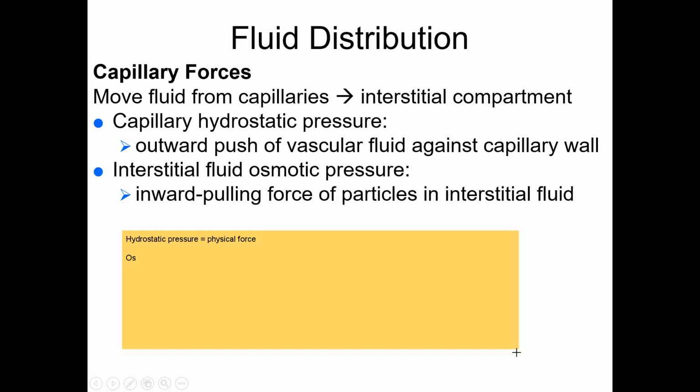The other type of pressure that we're looking at is osmotic pressure, and this is based on changes in concentration. If you remember, osmosis is the movement of water. Diffusion is the movement of particles. And while we're concerned about movement of particles and diffusion when we're looking at electrolytes in terms of fluid balance, for right now, we're looking at osmosis. We're looking at what does water want to do.